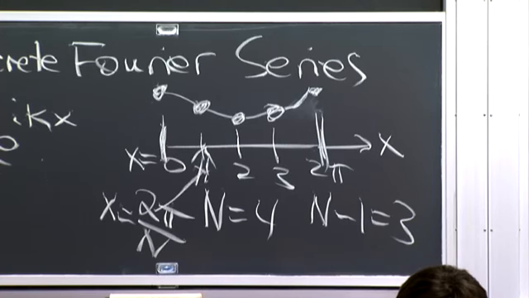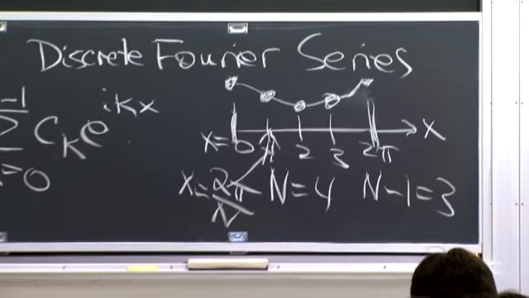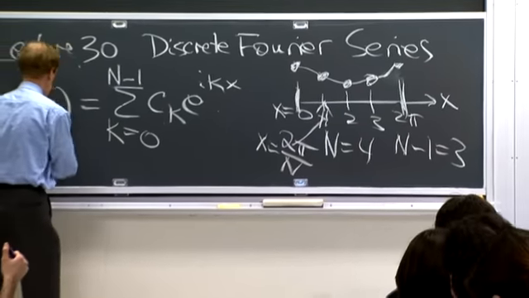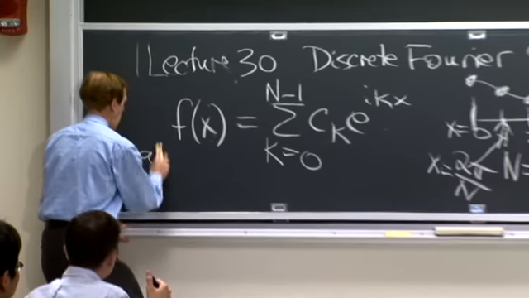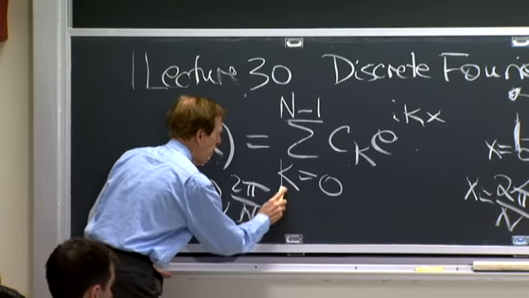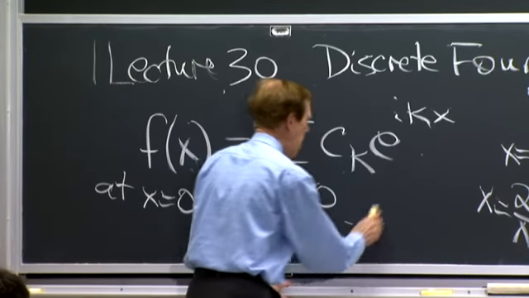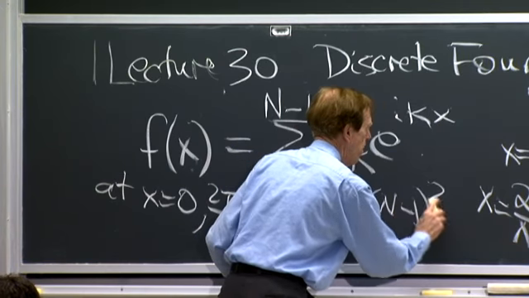So we are going to see a lot of fractions involving pi over n, or 2 pi over n. They're just going to come up everywhere because that's the delta x, the h, the step in the discrete form. Okay, so those are the x's. So I'm only going to get this at x equals 0, 2 pi over n, 4 pi over n, up to n minus 1 times 2 pi over n.